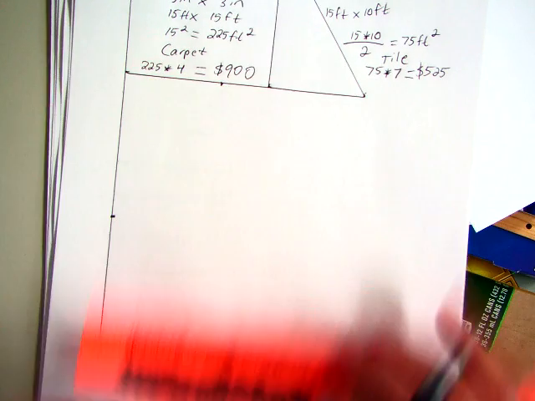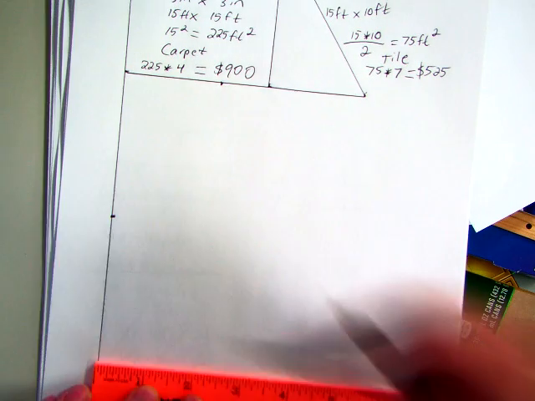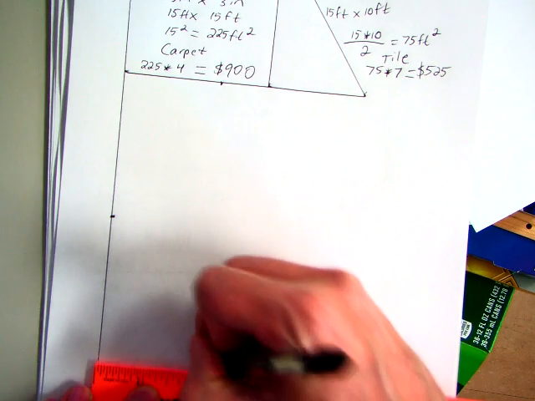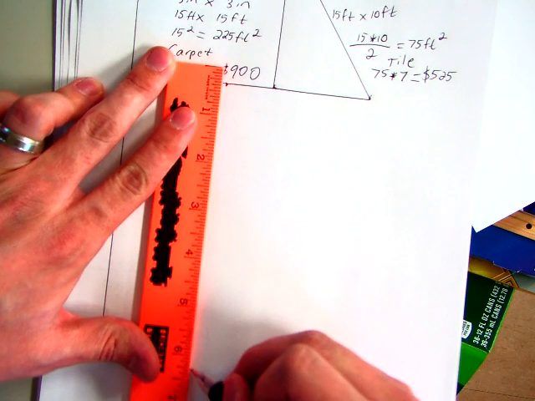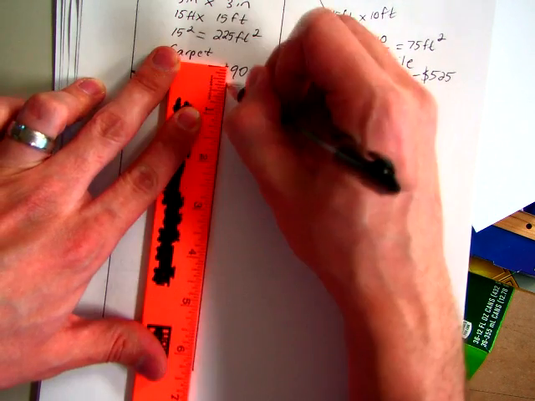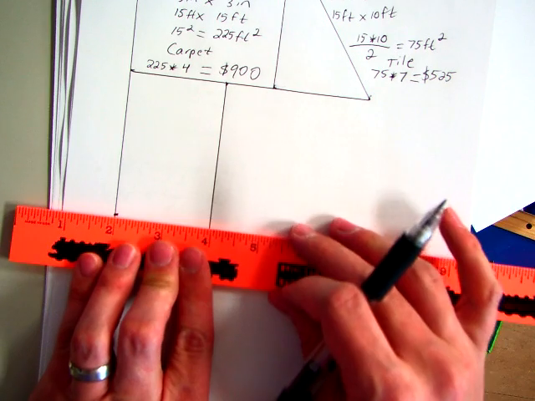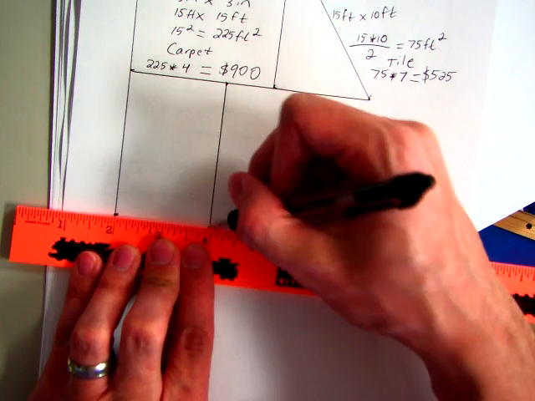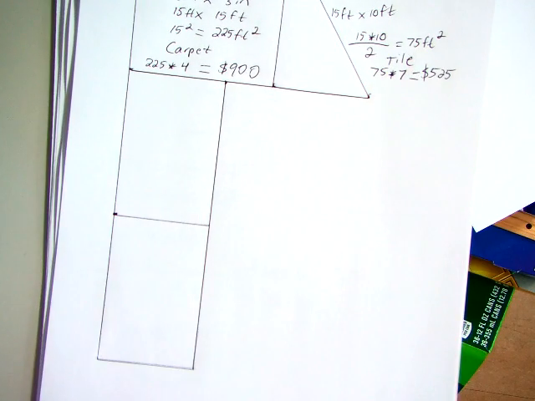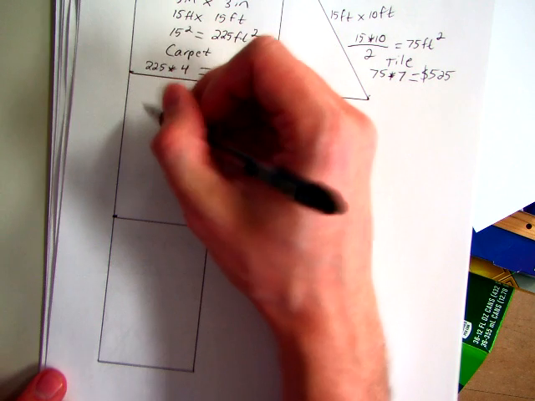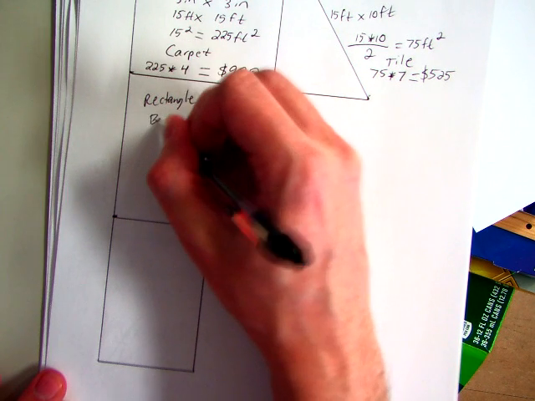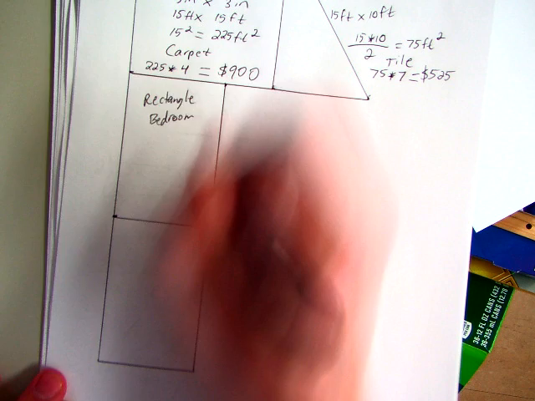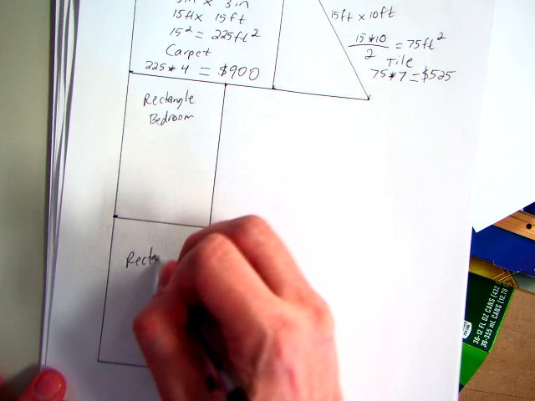Let's make the dimensions 2 inches. So there we have two identical rectangles. We'll call this rectangle bedroom. And this we'll call rectangle kitchen.